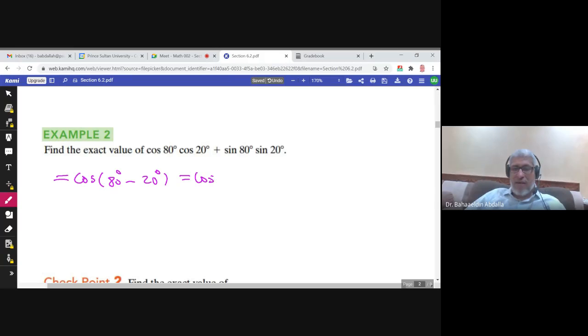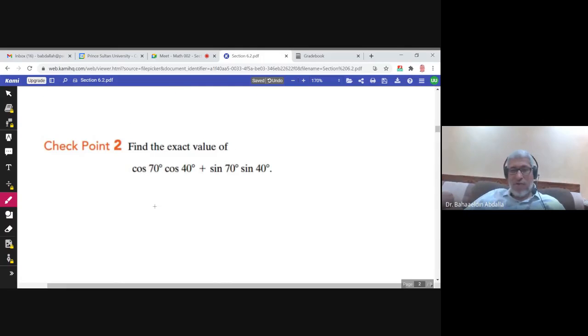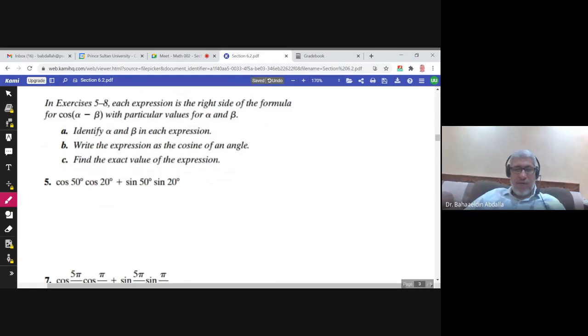So this is in fact cosine 60, and cosine 60 is just half. So that's the answer. Here also you have cosine cosine plus sine sine. So this is cosine of alpha minus beta, or cosine 30, and cosine 30 is just square root of 3 over 2. Please solve this one similarly.